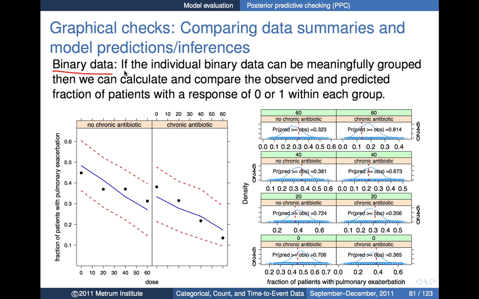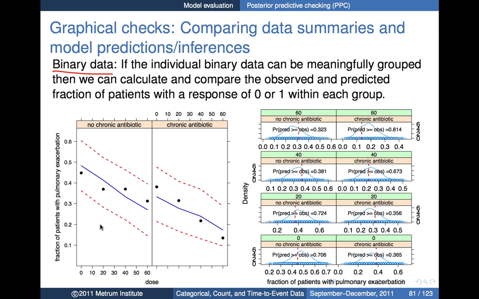So again, if we have binary data, and it's possible to take that binary data and meaningfully group it in a way where we can calculate, say, the fraction of patients that experience a particular event within each one of those groups, we can treat it in much the same way I just showed you for the binomial data. So that's what we're talking about here. So we're grouping into subsets.